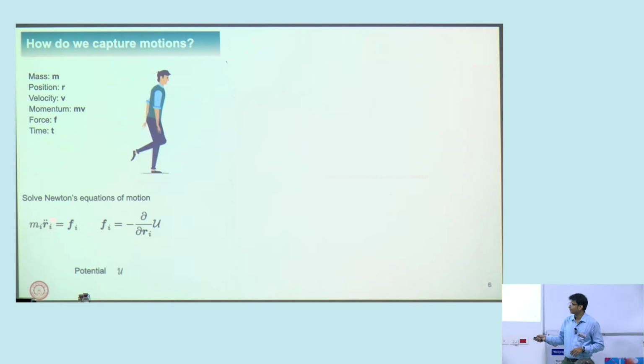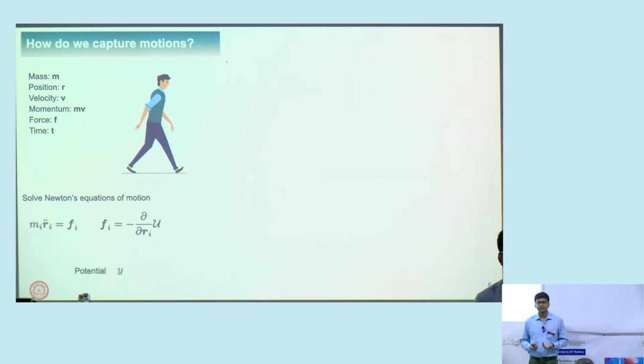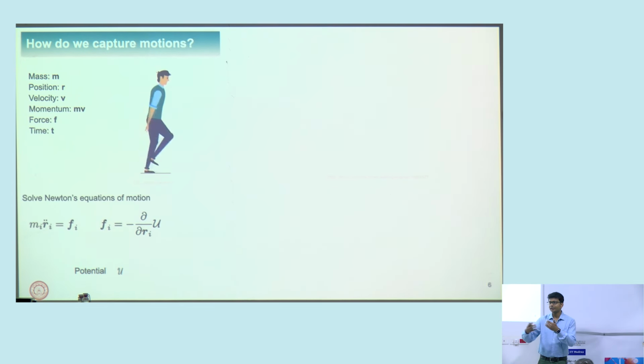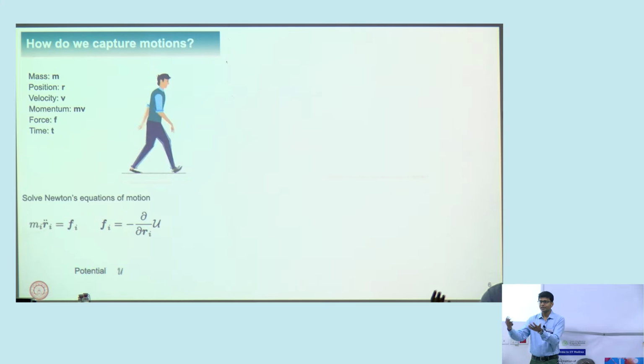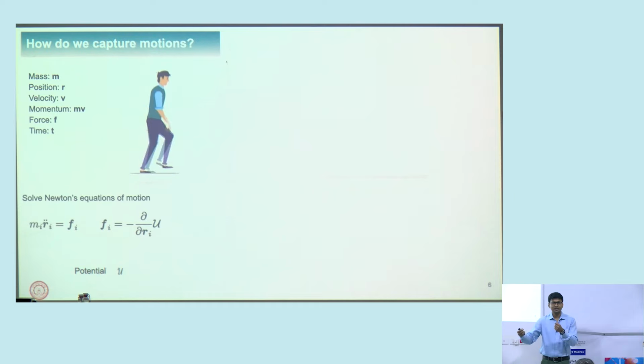Here r double dot is the acceleration, F is the force acting on each particle, m is the mass of a particle, and then again you write the force on each particle as a negative gradient of the potential. What do you mean by potential? It is the way we interact. So the way we are sitting here, we have some interaction. If you are sitting next to your friend, then most likely you have attractive interaction, you like it. If you are sitting beside your enemy or you don't like the friend, then you repel each other, right?